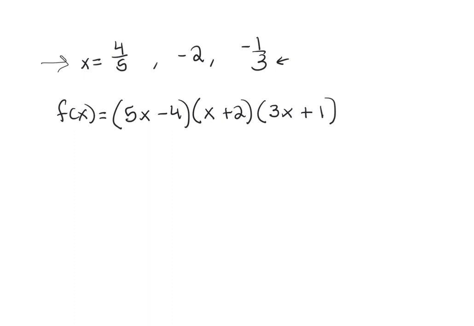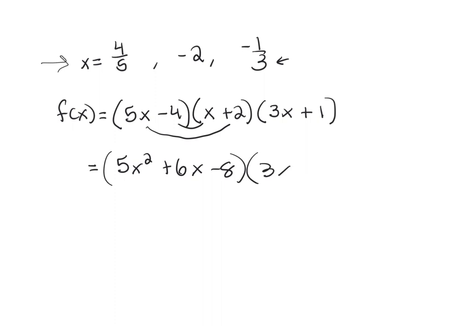And now let's FOIL and distribute. So I'll have 5x squared, and then 10x minus 4x is 6x minus 8. And now distribute 3x plus 1. So 15x to the third plus 18x squared minus 24x.